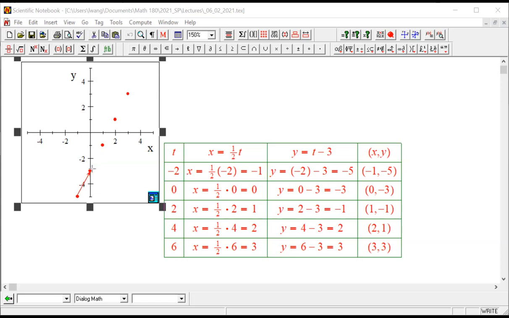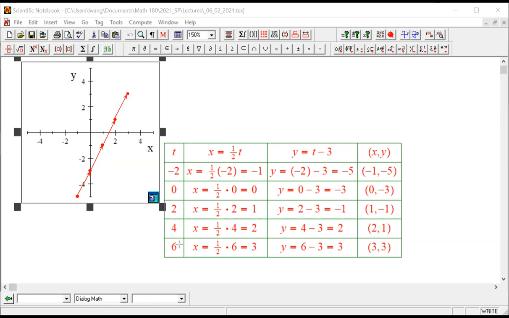So parametric has a sense of direction, which when we draw lines, we didn't have. There's a sense of direction.